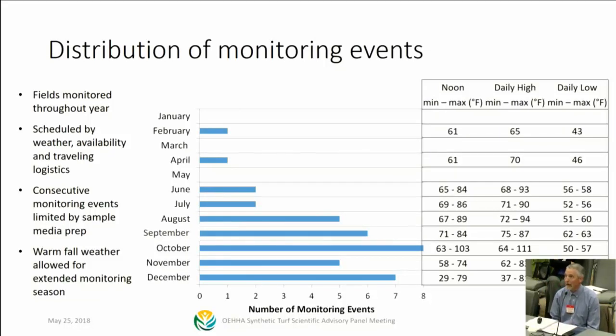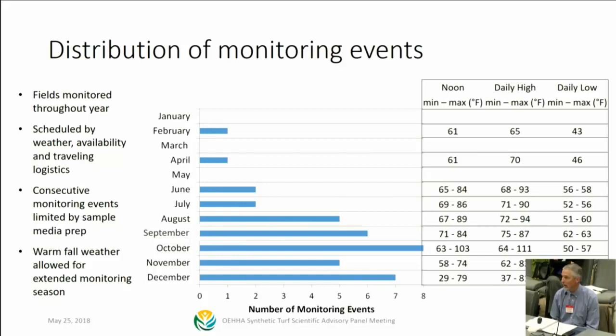But I also wanted to capture the daily high and low to give you a sense of the range. Looking at October, it was a fairly warm month, and the noontime temperature went from 63, depending on what region we were in, up to 103 degrees Fahrenheit. So there were some fairly warm days out there when we were collecting samples.